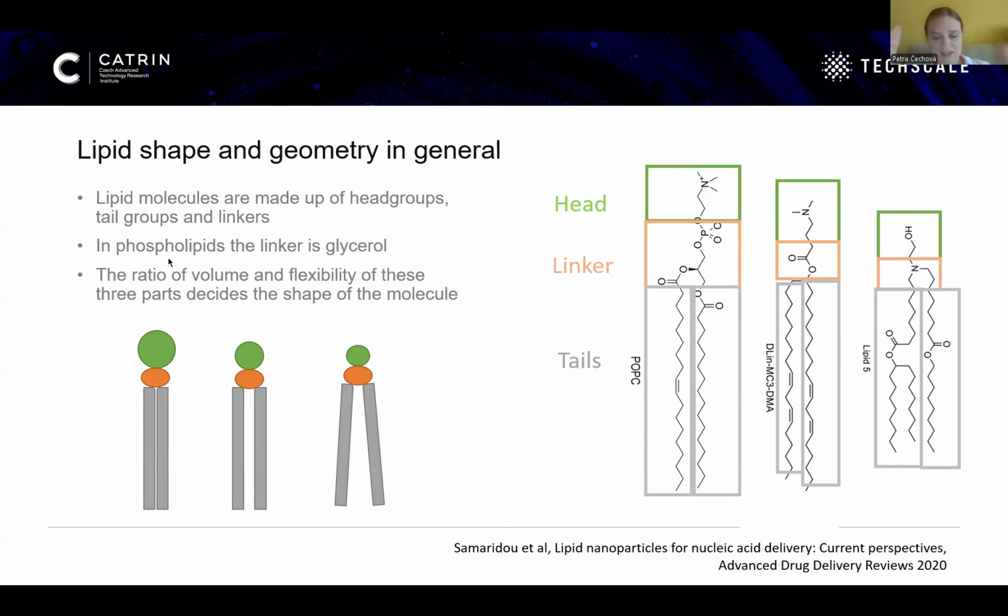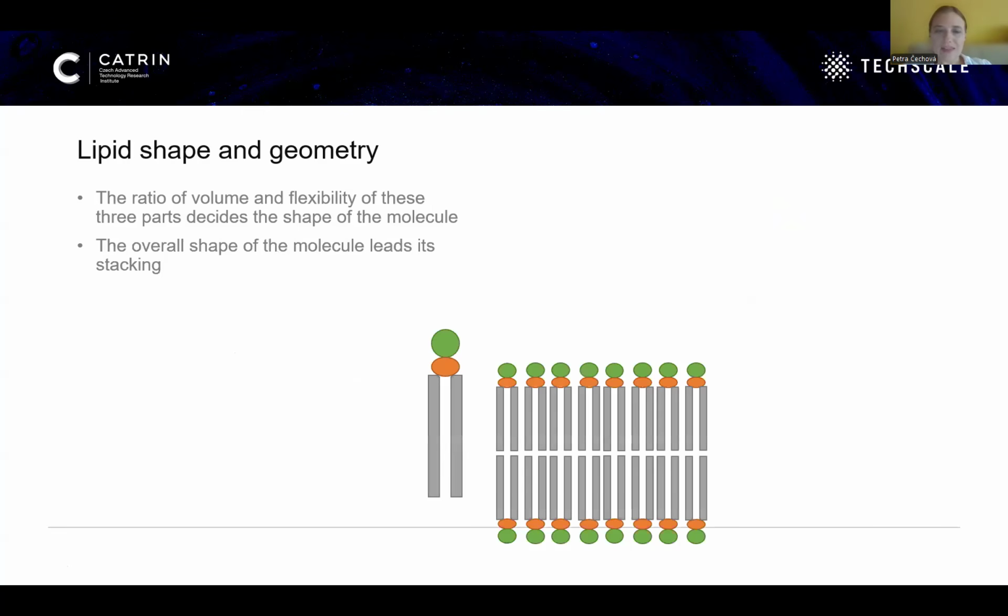So they have this cylindrical shape. But you can also have the case where the head group is slightly bigger than the tails, or the case where the head group is smaller relative to the tails. And we have already seen the stacking into the bilayer.